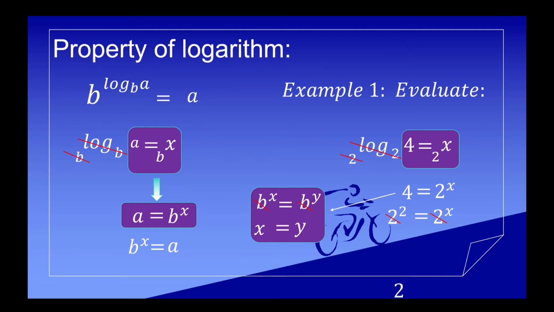Then since it has the same base, cancel, then bring down 2 is equal to x, or equivalently x is equal to 2. Then our logarithm of 4 with base 2 is equal to 2.